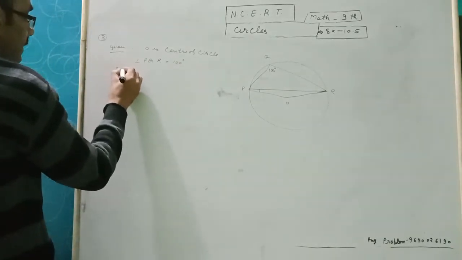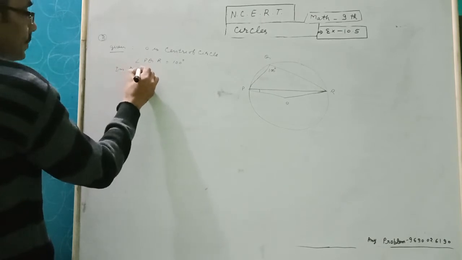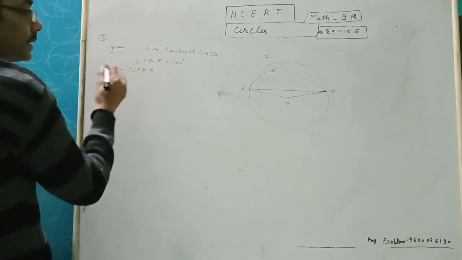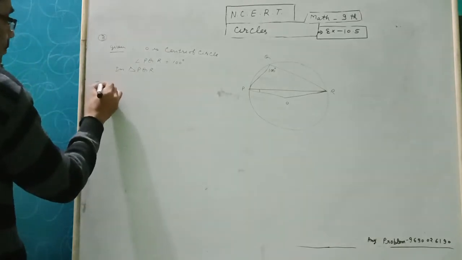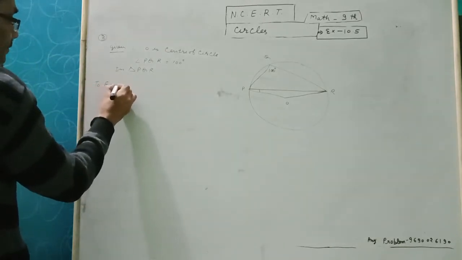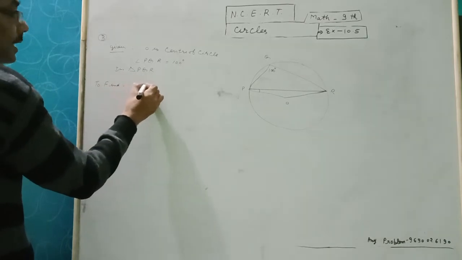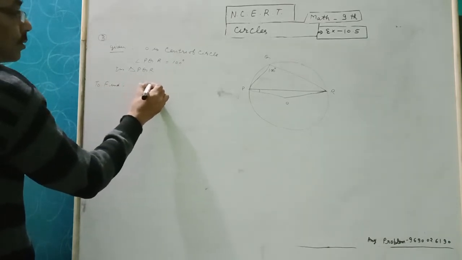In triangle PQR we find the value, to find is angle OPR.